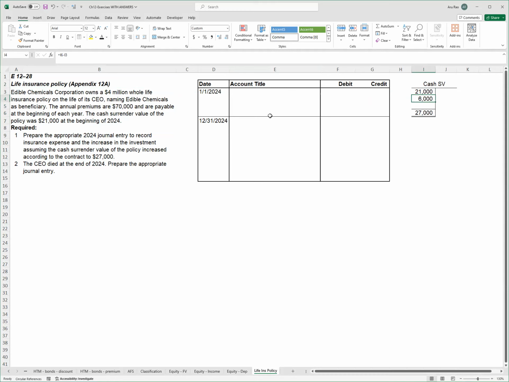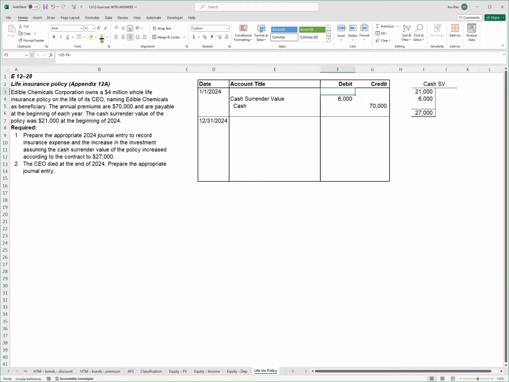So how do I do this in the journal entry? Obviously, I now know cash surrender value has to be debited 6,000. I paid 70,000, which means I have to credit cash 70,000. So let's plug in those numbers first. Cash credit 70,000. Cash surrender value debit 6,000.